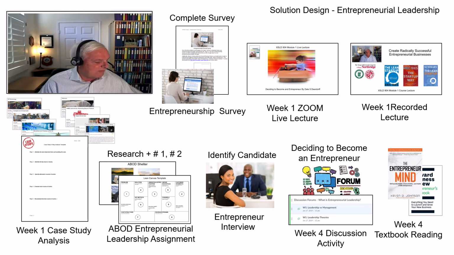You'll have a recorded lecture that you can look at any time, but my recommendation is to look at specifically this one in week 1, and it's called Creating Radically Successful Entrepreneurial Businesses, because this is the start of your mindset. This is how we're going to start to create that entrepreneurial thinking for you, especially from a leadership perspective. So there's a great recorded lecture for you over there on these 3 books.